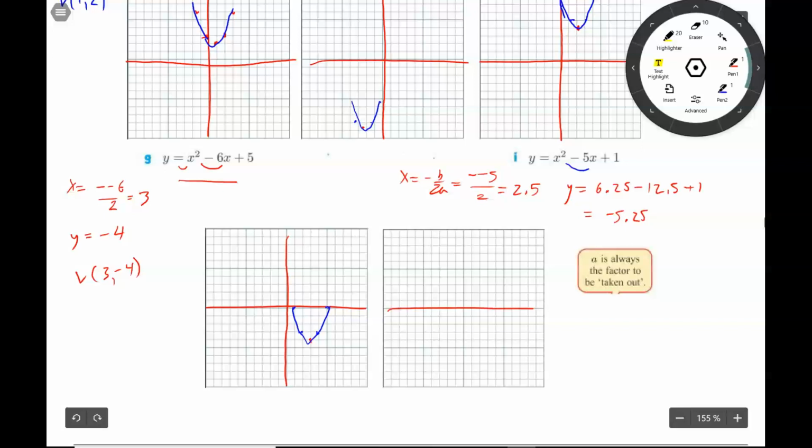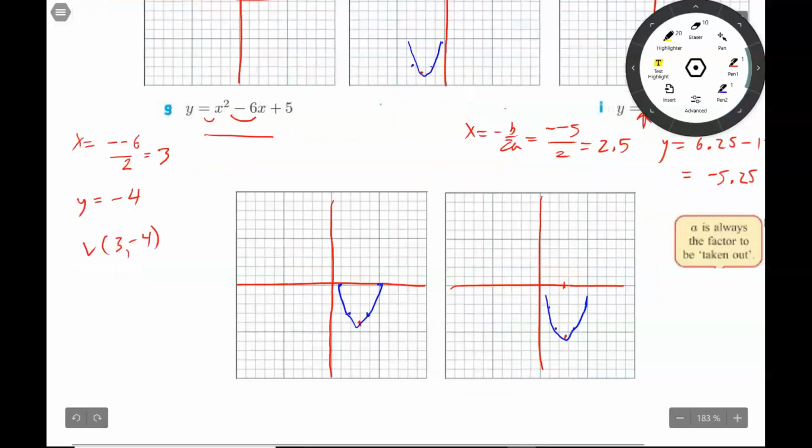And so my vertex is going to be at 2.5, negative 5.25, which is right there. And my parabola has an a value of positive 1, so it's just going to open up just like a regular width parabola there. Okay?